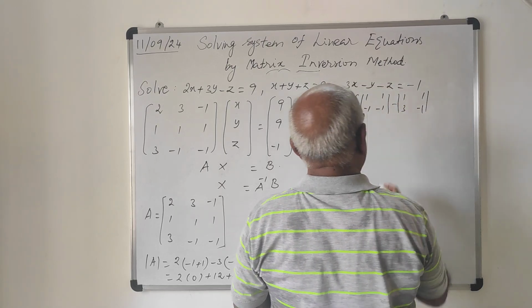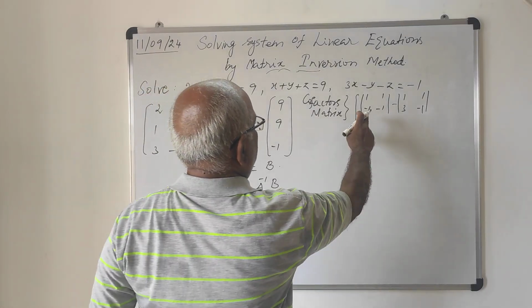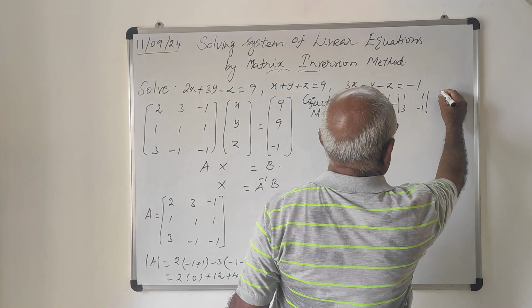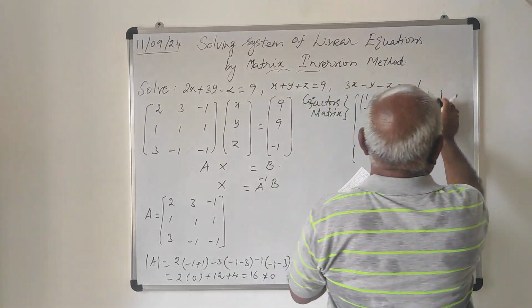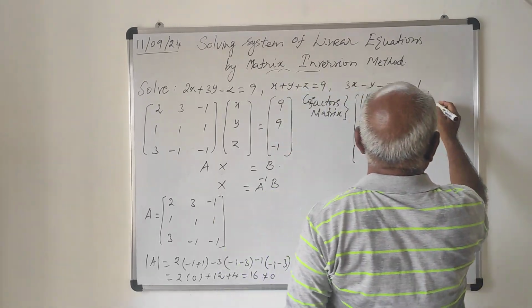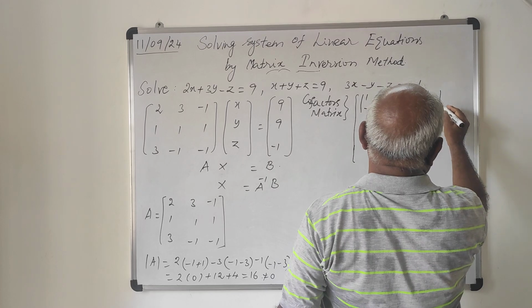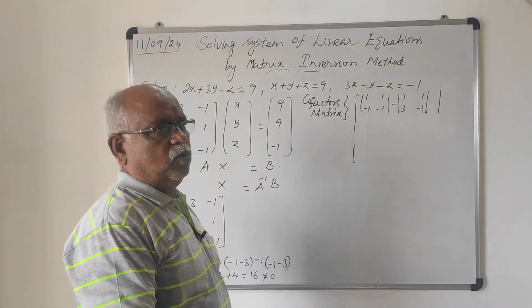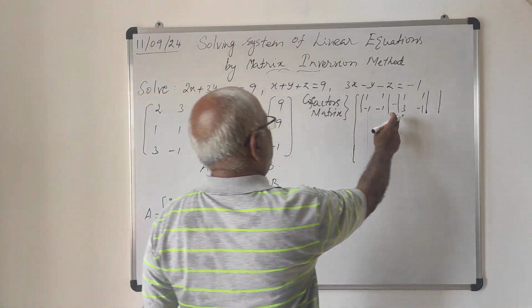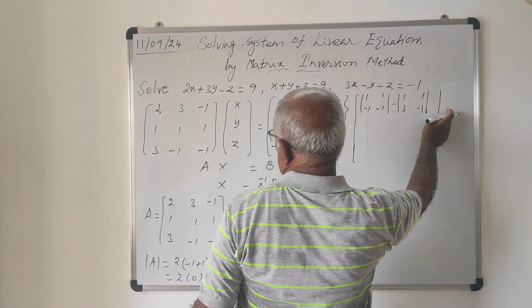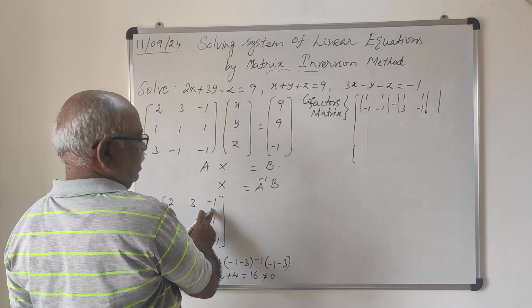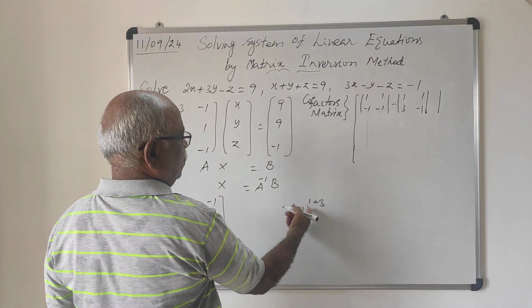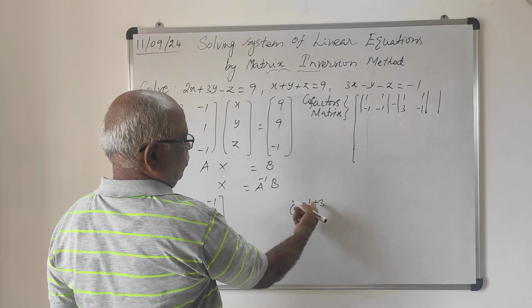This cofactor becomes minus, because the first element's cofactor is plus, this one is minus, and the next one is plus. The next cofactor, of the -1 element, is plus, because the sign is -1 to the power 1+3, which is even, therefore it becomes plus.